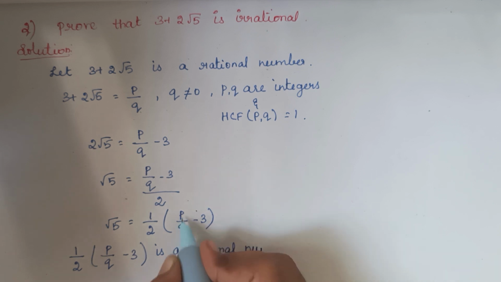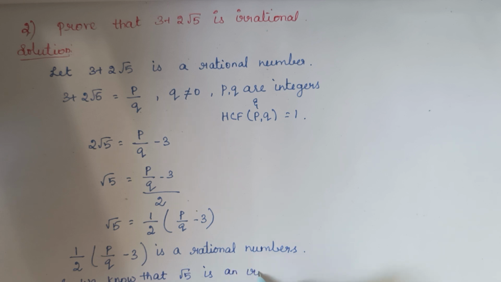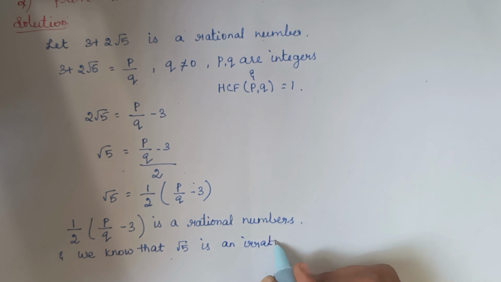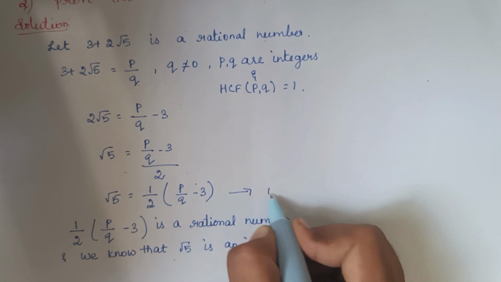If we apply P and Q as integers and simplify, we get a rational number. But already we know that root 5 is an irrational number. Okay, so we are considering this equation as 1.